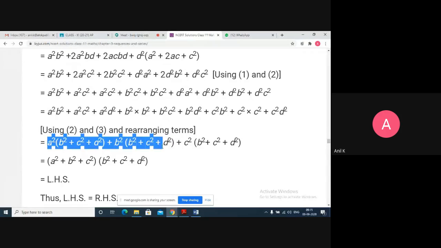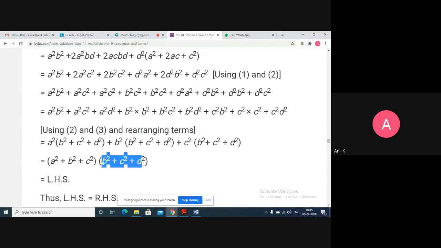Now if you observe this entire equation, each and every term has b square plus c square plus d square as a multiplication. So I can take that b square plus c square plus d square common. Then from the first term you have a square, from the second term plus b square, from the third term plus c square. So finally I have a square plus b square plus c square into b square plus c square plus d square.